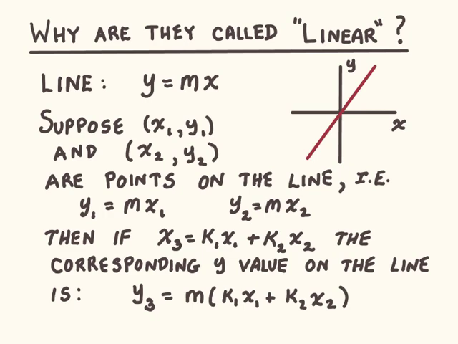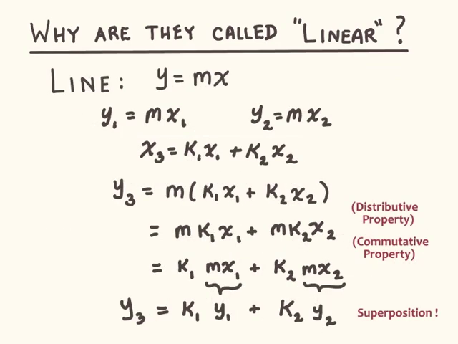Now if we pick a new x value, call it x3, which is equal to k1 times x1 plus k2 times x2, the corresponding y value will be y equals m times k1 x1 plus k2 x2. We can then distribute the m over these two terms, and then commute the k1 with m and the k2 with m.